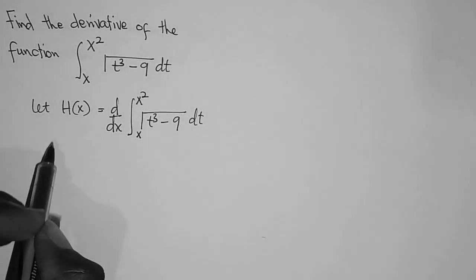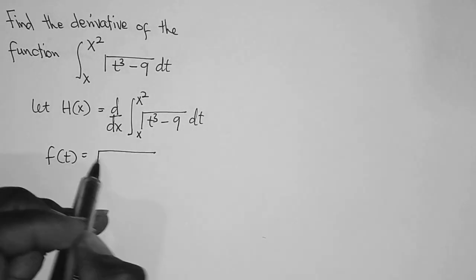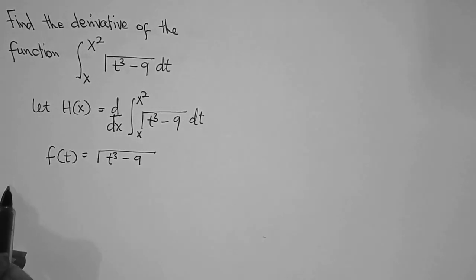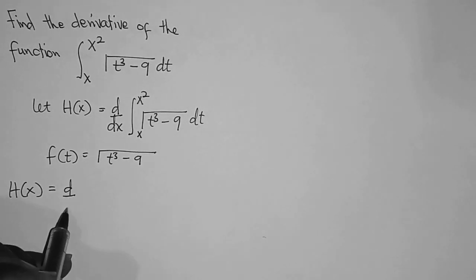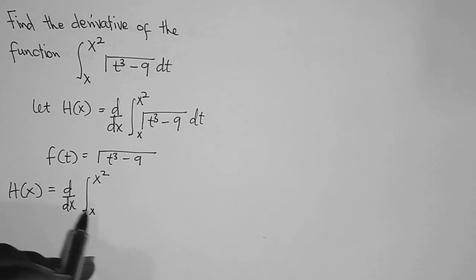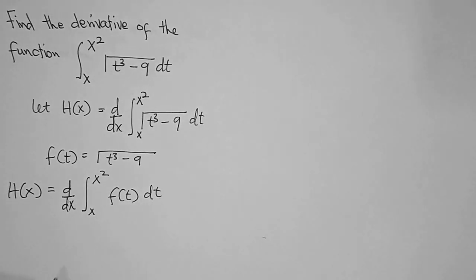So now, let f of t be equal to square root of t cubed minus 9. So h of x is equal to d dx of the integral from x to x squared of f of t dt.